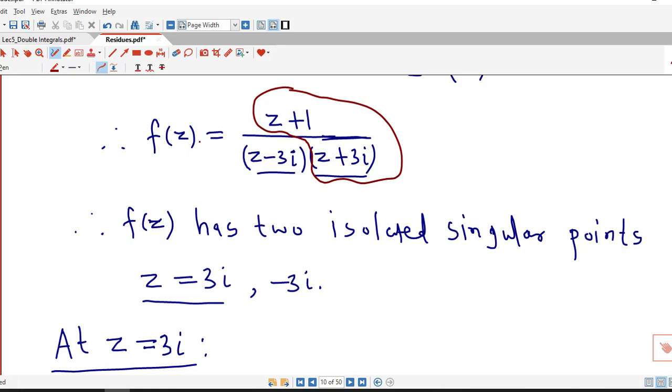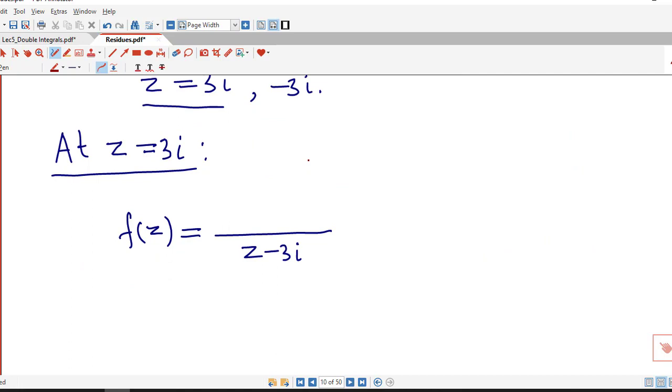We can rewrite f of z as (z plus 1 over z plus 3i) divided by (z minus 3i).